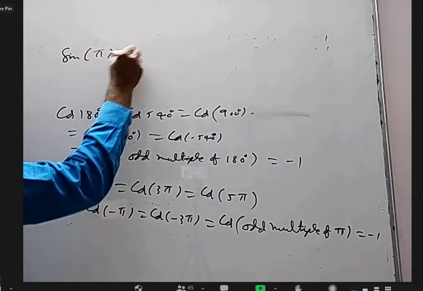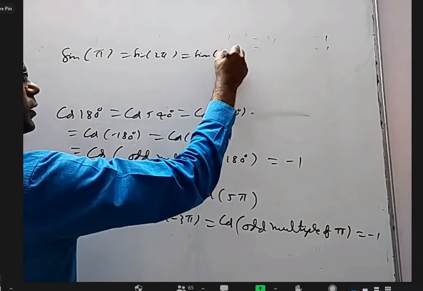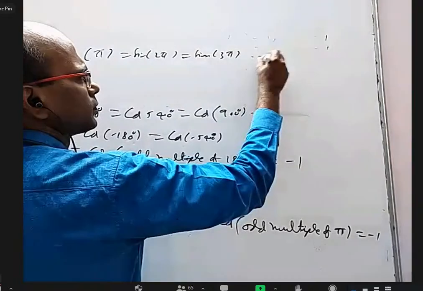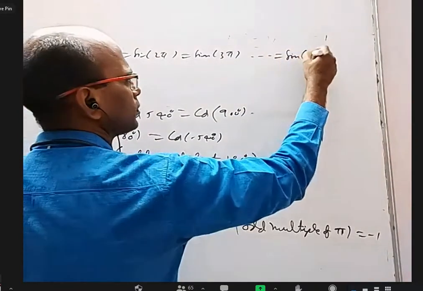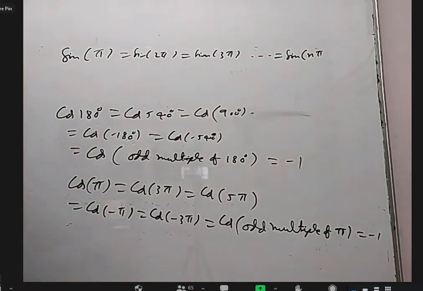So sine pi, sine 2 pi, sine 3 pi. Sir, cos of 180 minus theta, you wrote minus 1 now, how did you get that? Not cos of 180 minus theta, cos of minus 180 degrees.